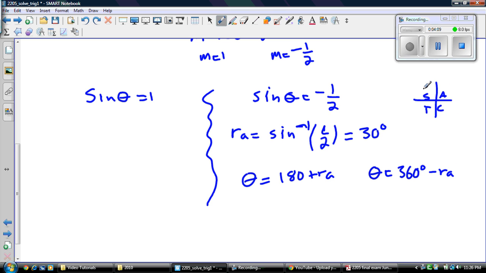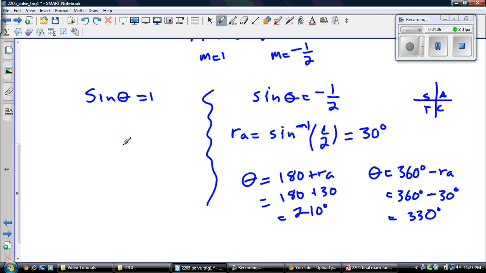This is RA, this is 180 minus RA, 180 plus RA, 360 minus RA. Then we have 180 plus 30, which is 210. And then 360 minus 30, which is 330.